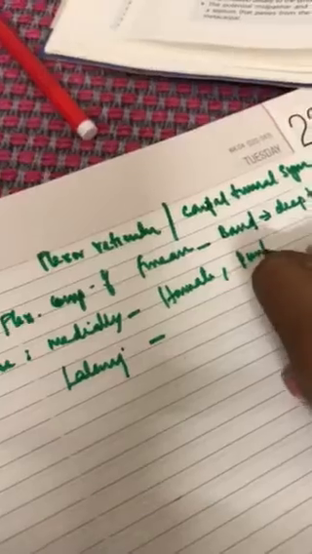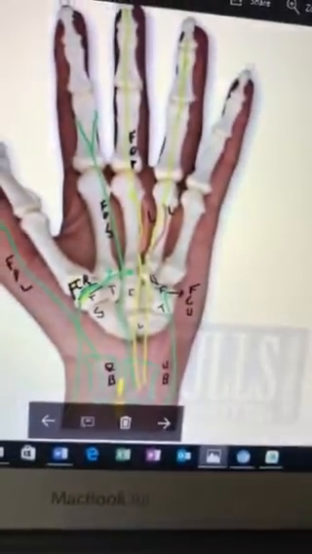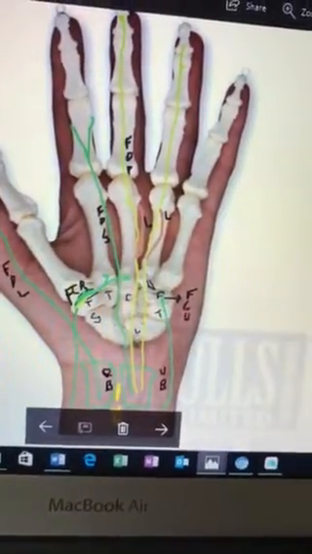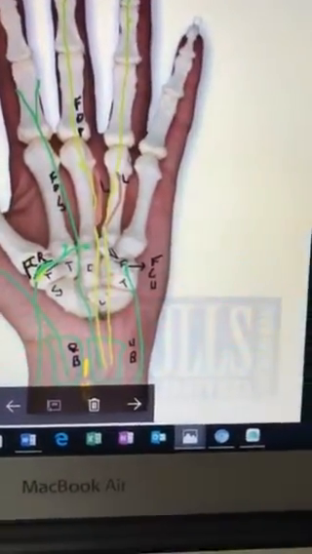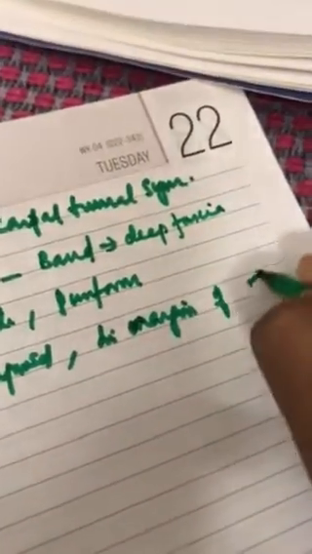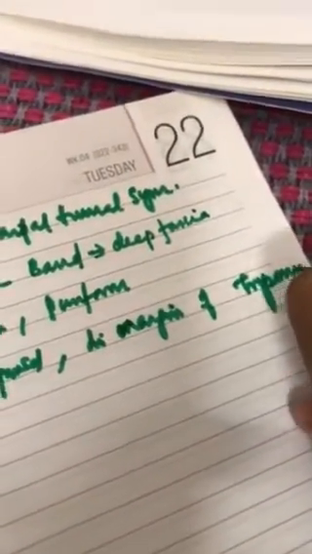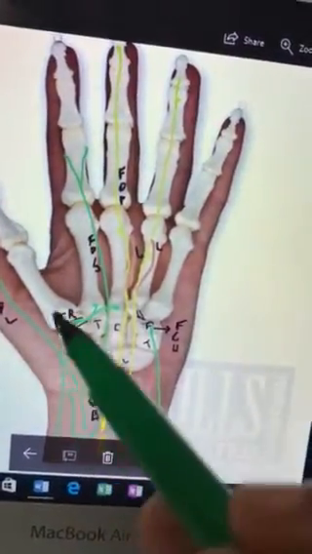So we'll write hamate and pisiform medially, and laterally you can see scaphoid and the distal margin of trapezium. Understand these two bones. So they form the flexor retinaculum.